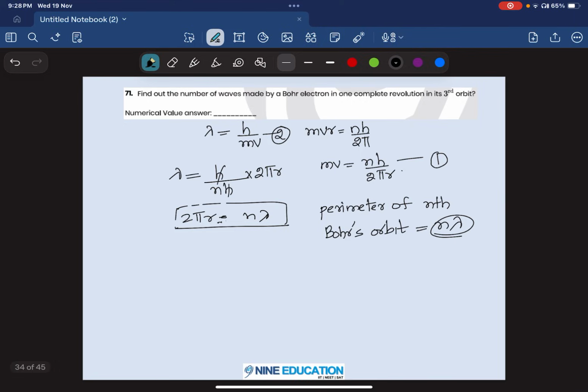He's asking about one complete revolution, that means the perimeter of that orbit. The perimeter of the third orbit is 3 lambda. That is, 3 waves are made by a Bohr electron in completing a revolution around the third orbit. So the answer would be 3.